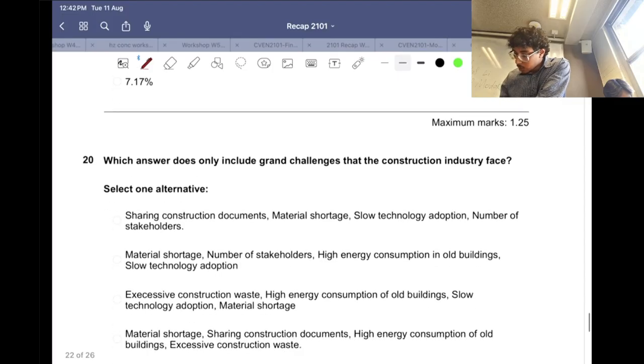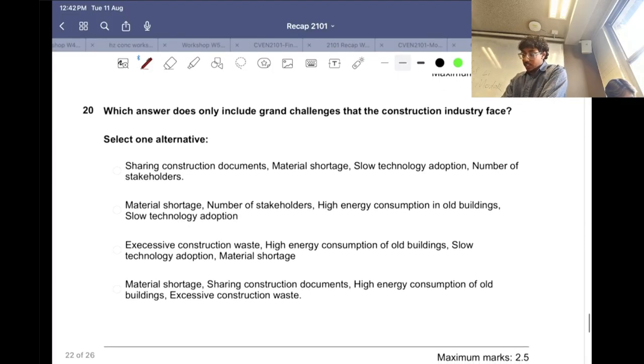And then finally, we have this. Which answer does only include grand challenges that the construction industry faces? So what do we face? Do we face sharing construction documents, material shortages, slow technology adoption, and number of stakeholders?